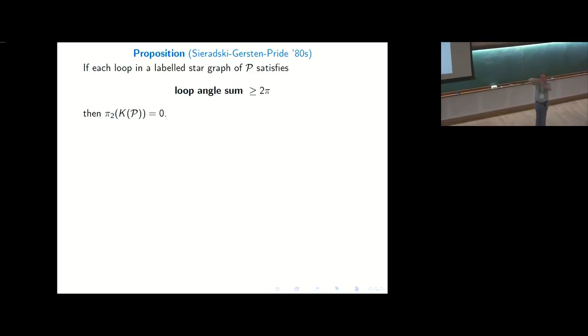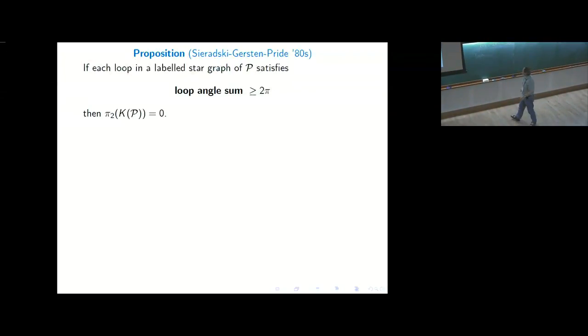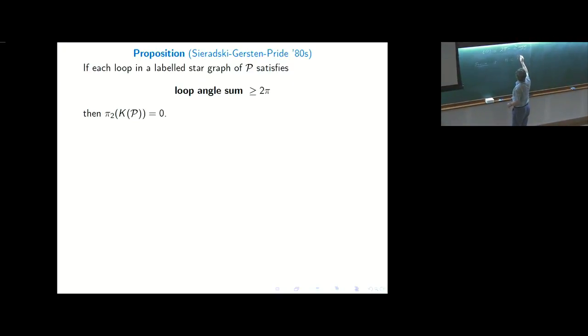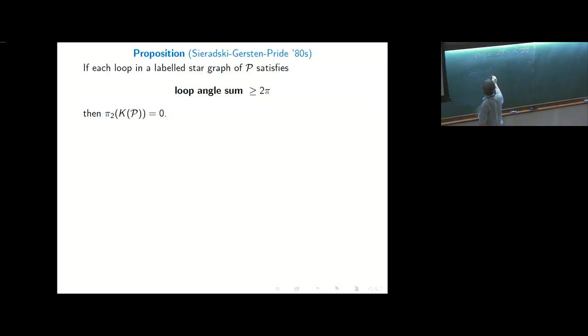If you take, upstairs in the universal cover of X, some CW complex, and for the sake of argument let's say it has no boundary, so it's a manifold or something, then this manifold will have a CW decomposition, and at each vertex I can ask for this angle.